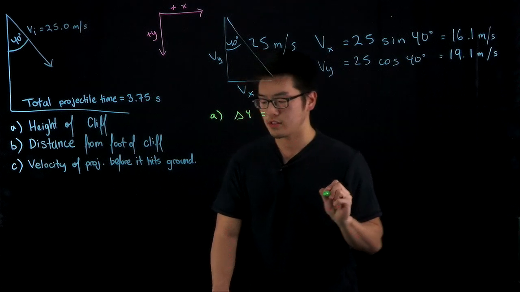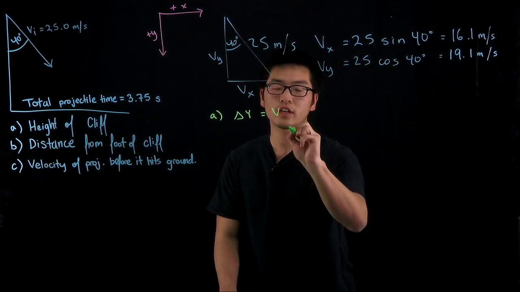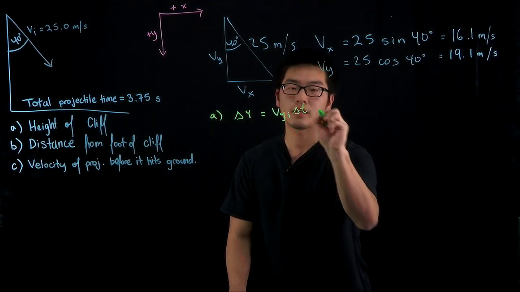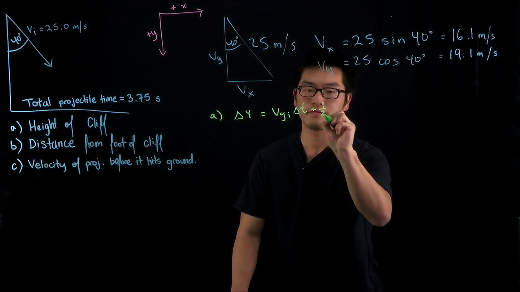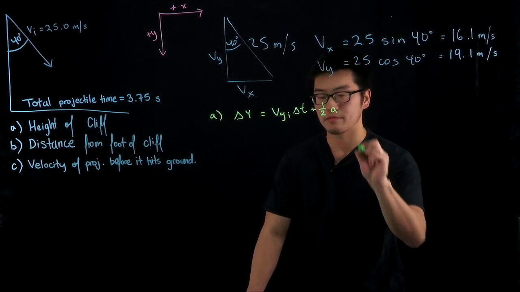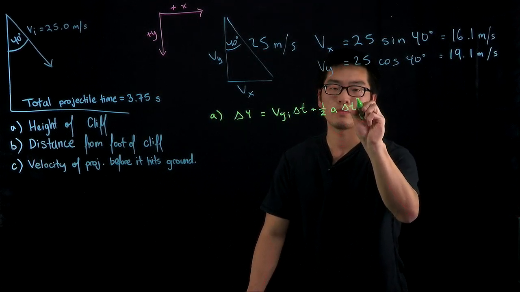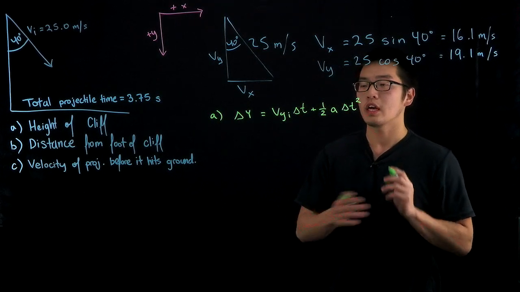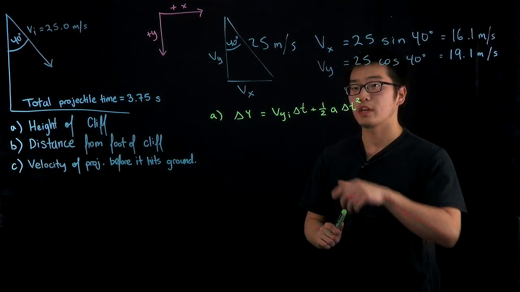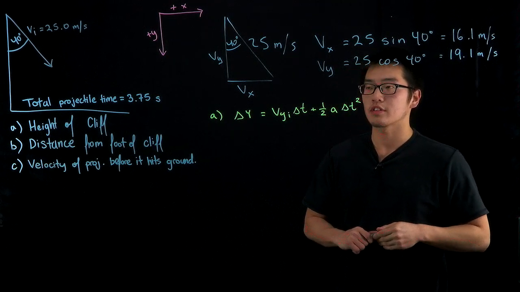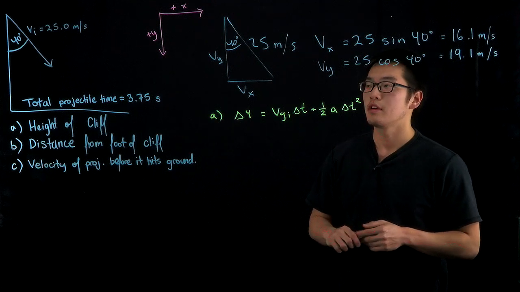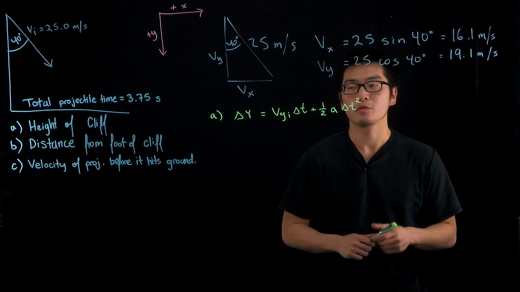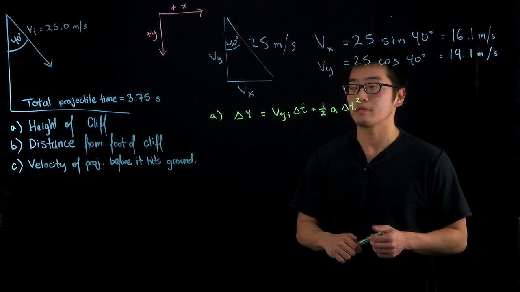This will be the displacement is equal to the initial velocity in the y direction multiplied by total projectile time plus 1/2 acceleration in the y direction and total projectile time squared. Using this equation, we have all the variables already because we have the initial velocity in the y direction, we have the total projectile time, and the acceleration in this case will be the acceleration due to gravity, which is downwards at 9.8 meters per second squared.